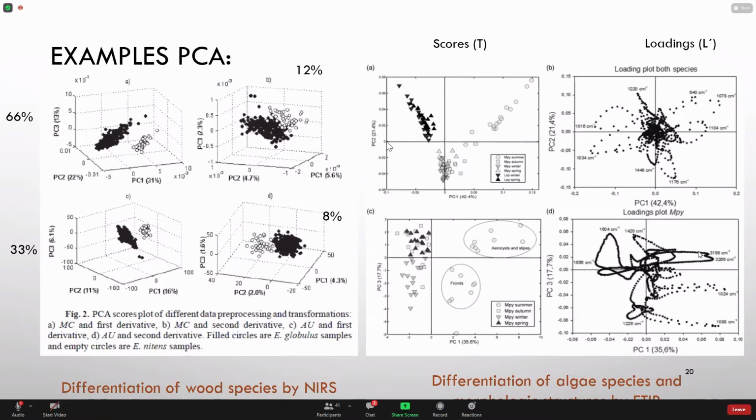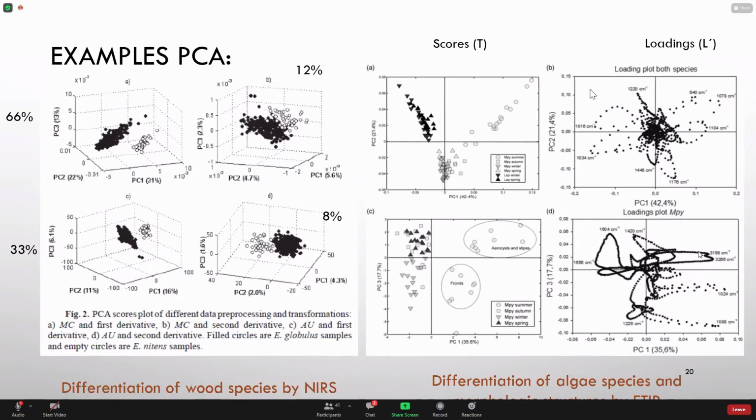But also the second component separates some samples from the same species, Lessonia, but here we have Lessonia obtained in summer, and here, sorry, this is Macrocystis, Macrocystis obtained in winter and spring. So the second component could separate the samples by the season, okay?